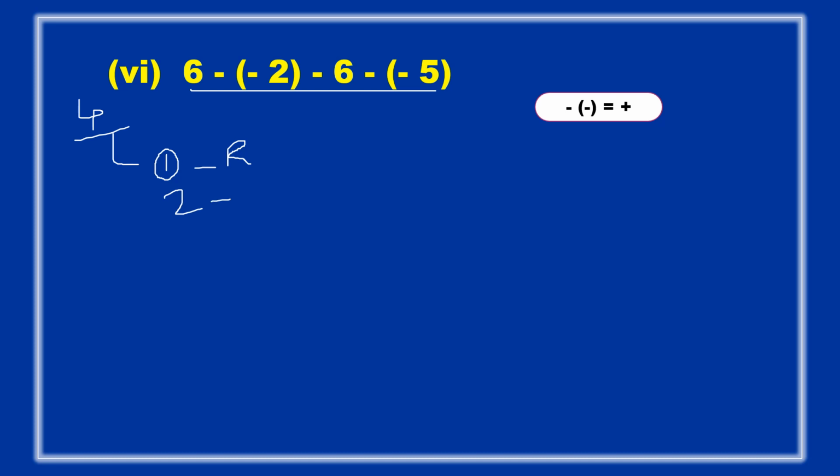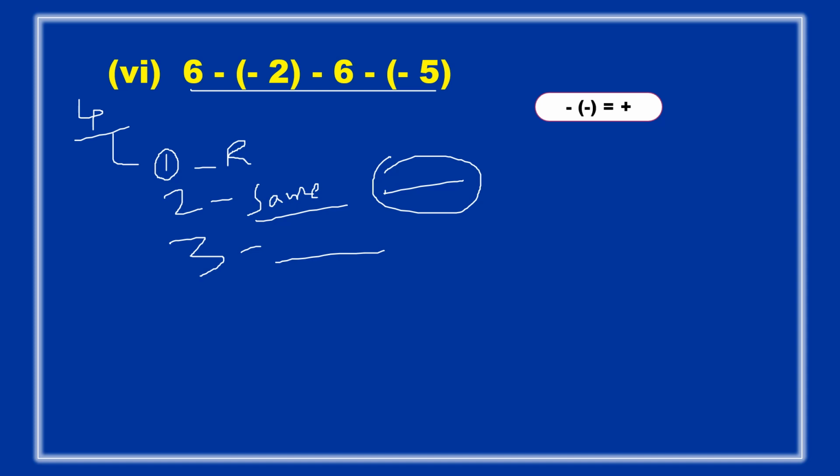In the next step you should write same terms together, meaning same symbol terms together. In the next step, after simplification of the same symbol terms, you will get the third step. In the fourth step, you should do the simplification of this one.